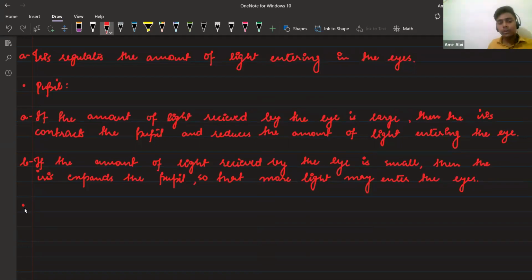Now it's time for the retina. So the retina is a kind of screen on which the image is formed. Clear? Okay.